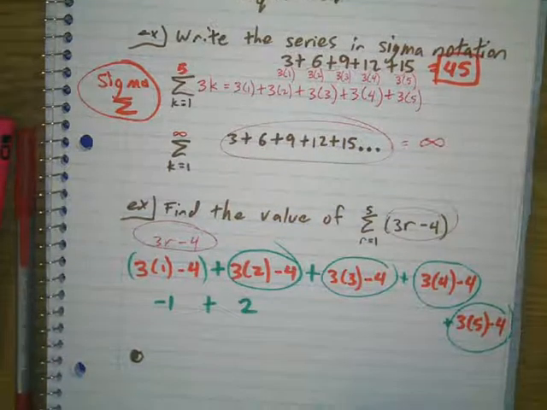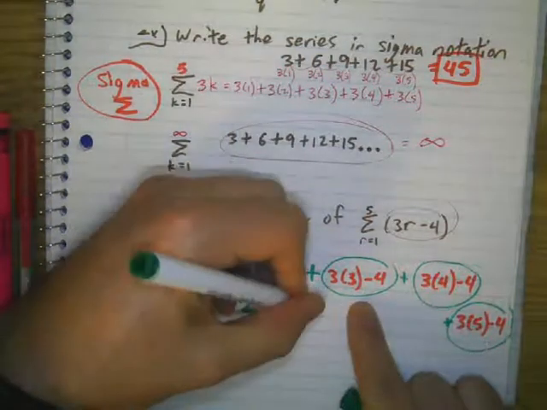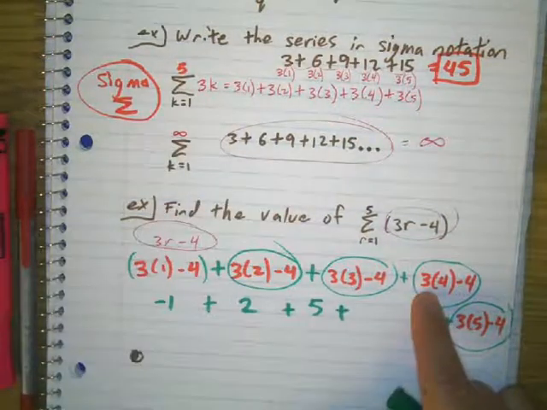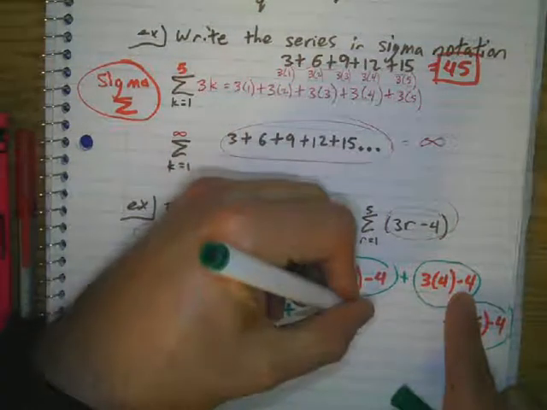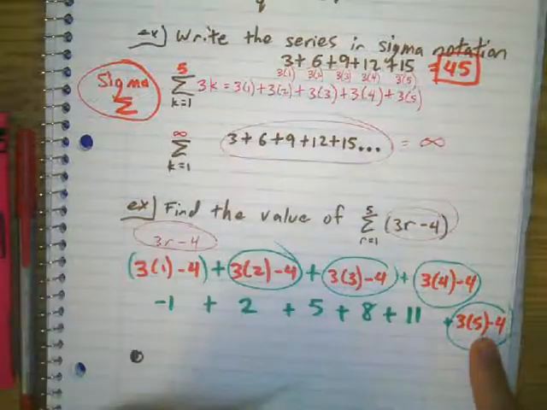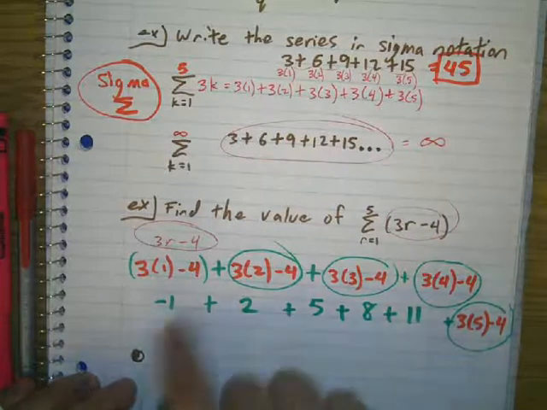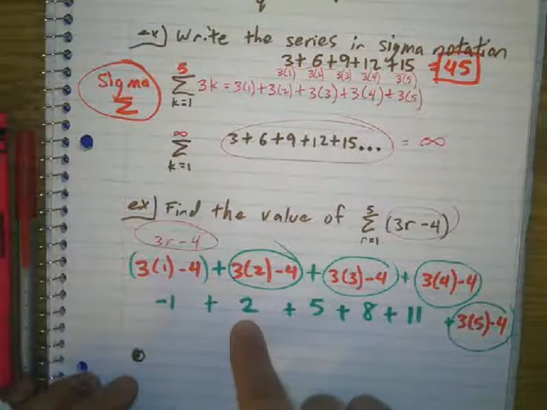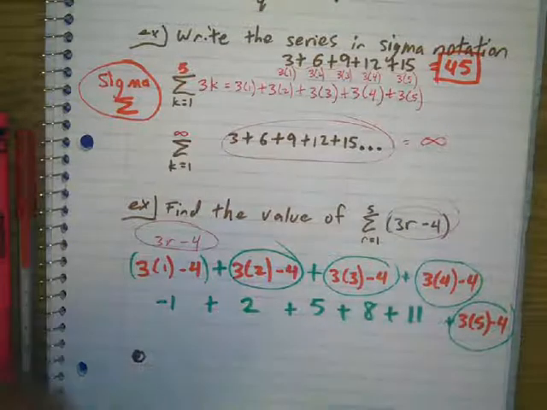Okay, well, 9 minus 4 is 5, and 3 times 4 is 12. 12 minus 4 is 8. And 15 minus 4 is 11. Okay, so these keep increasing by 3. But our first value started at 4 less. So we started at 4 less, but they're all increasing by 3, aren't they? Okay, so just think about that for a minute.